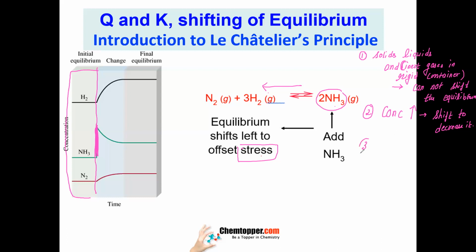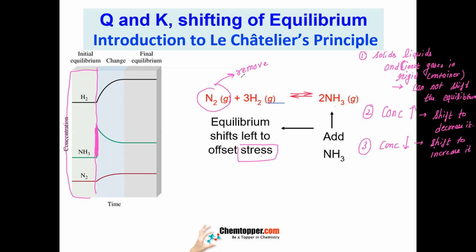Third, if you decrease concentration, then it will shift to increase it. Like if I remove nitrogen gas, I'm removing nitrogen gas. In which direction the equilibrium would like to shift?